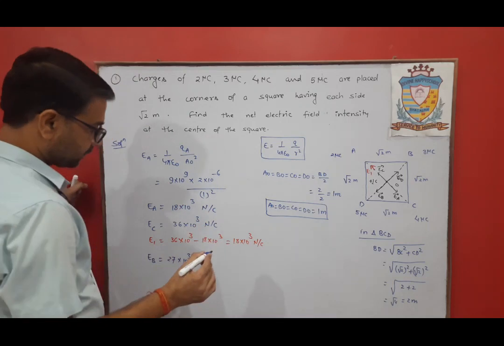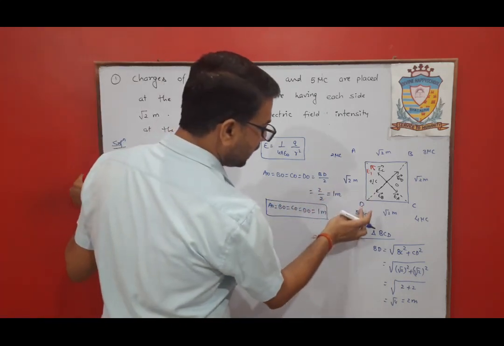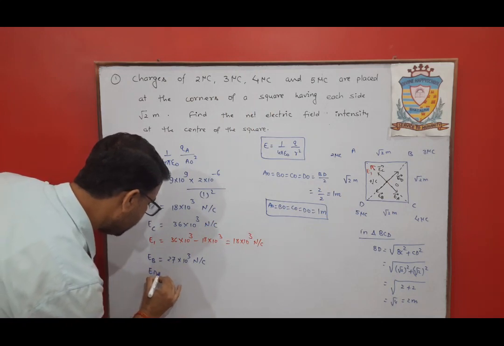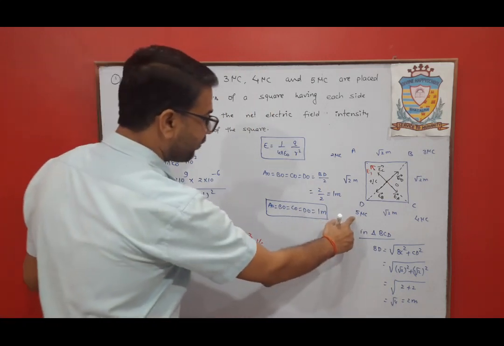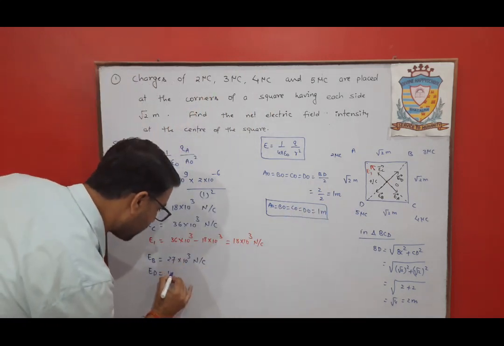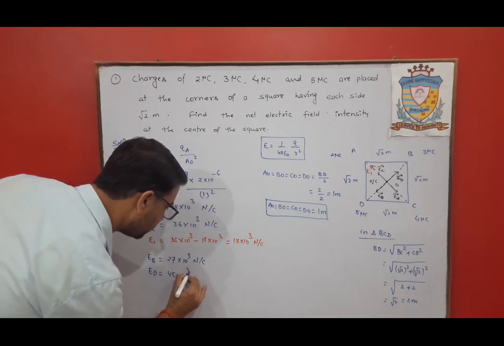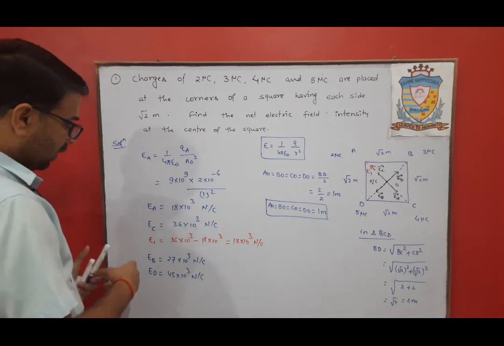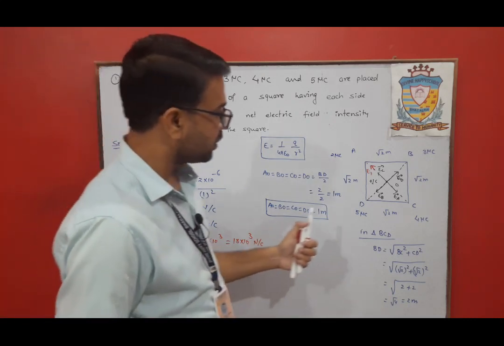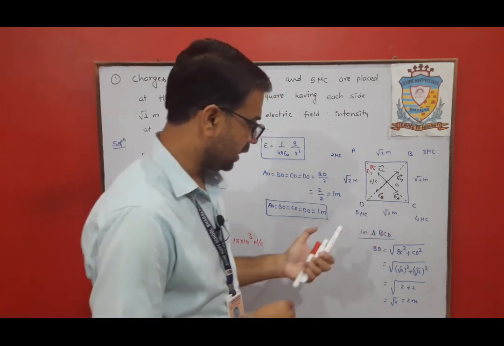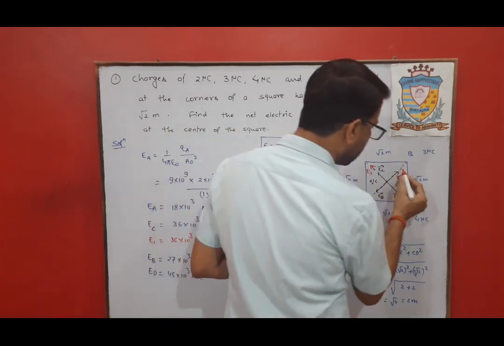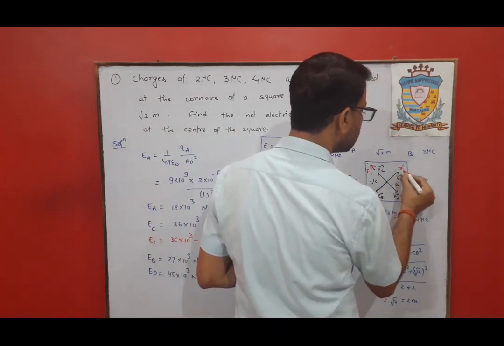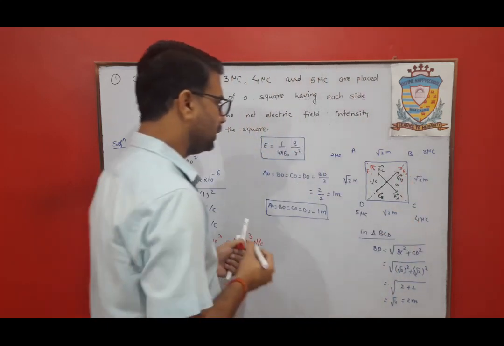And ED is equal to, here the charge is 5, that means 9 5s are 45 into 10 to the power 3 Newton per coulomb. Now the electric field intensity in the direction of ED is greater than EB. That means the net electric field intensity will act in this direction. Let this electric field intensity be E2.